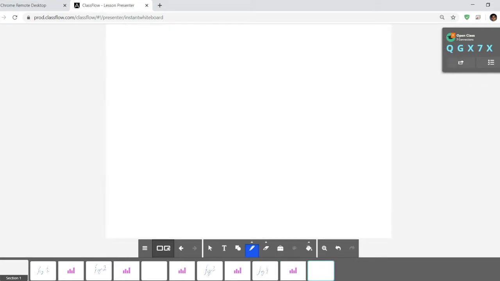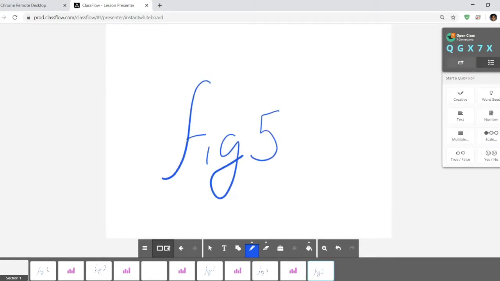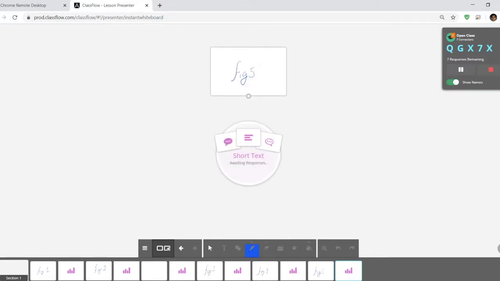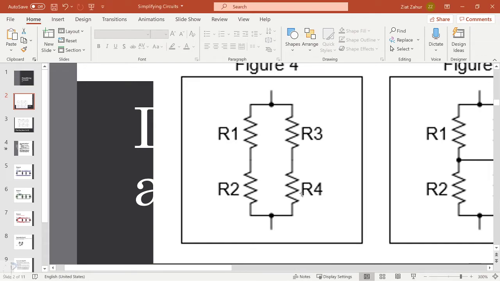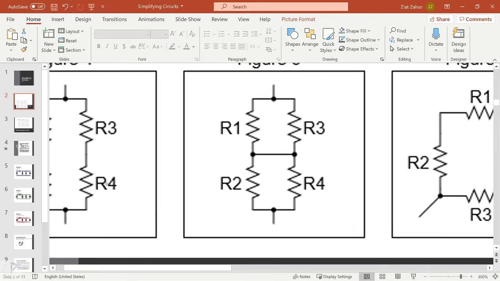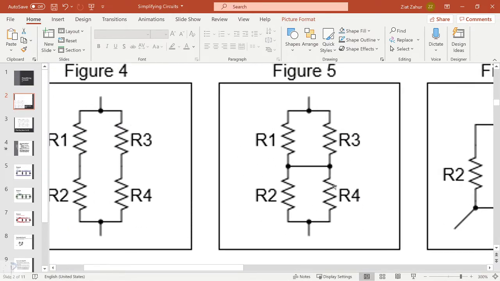All right, number 5. Now how is number 5 different? It's this little tiny wire in the middle that changes everything. So let's take a look at number 5. Similar to 4, but there's this wire here that changes everything.